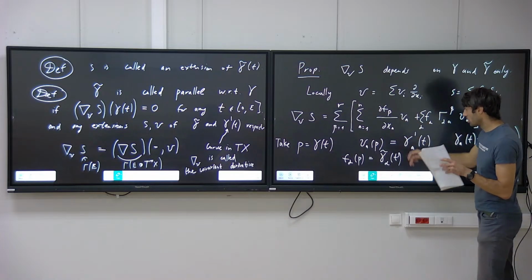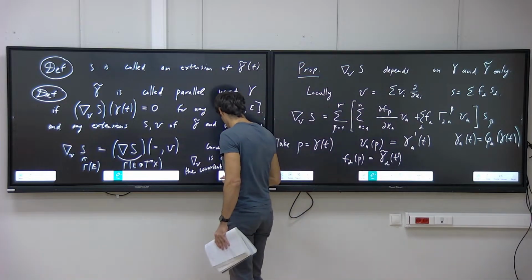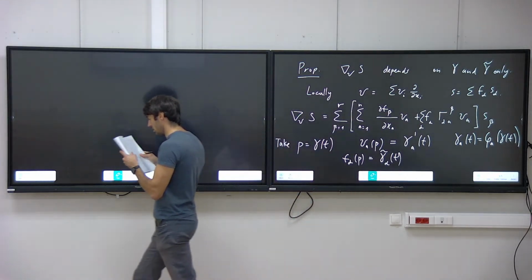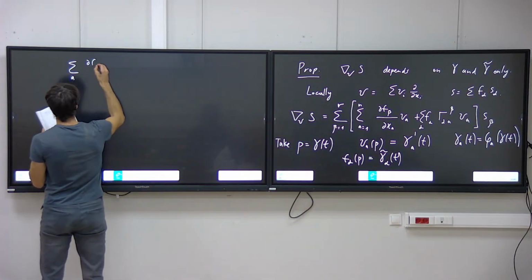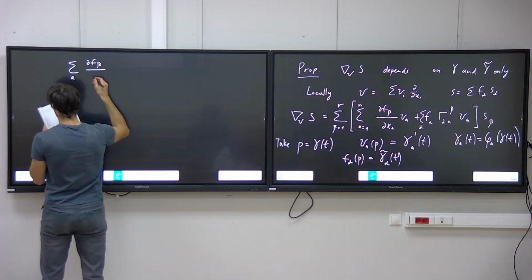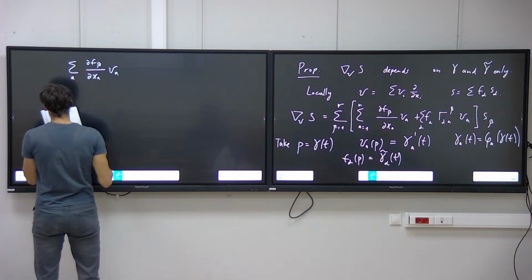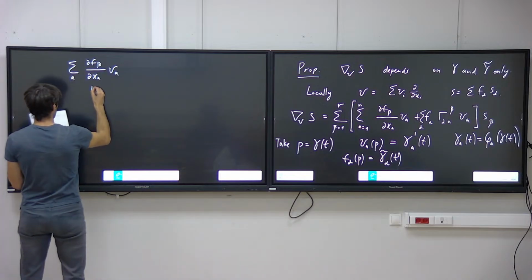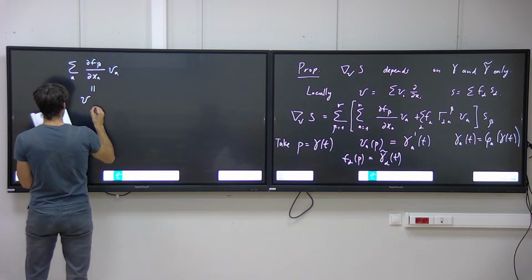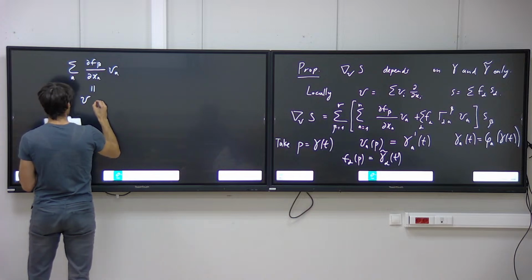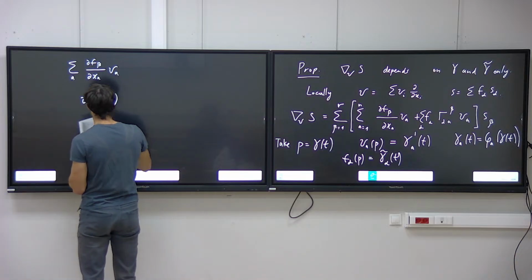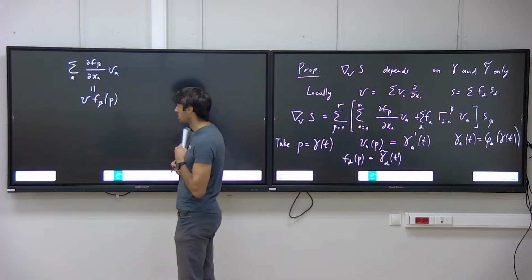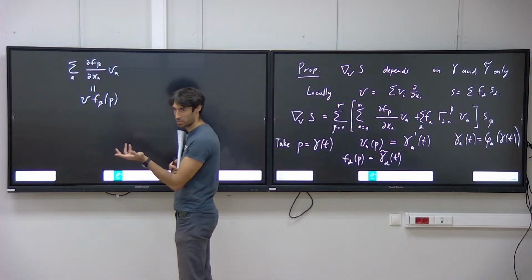But I need the whole expression here. So I'm claiming that sum over a df beta over dxa dA is the same as applying v to f beta at point p. Right? Just by definition, what does it mean to apply vector field to a function?